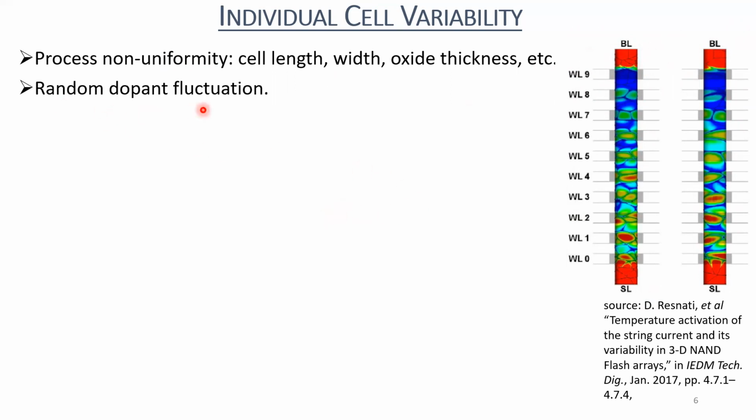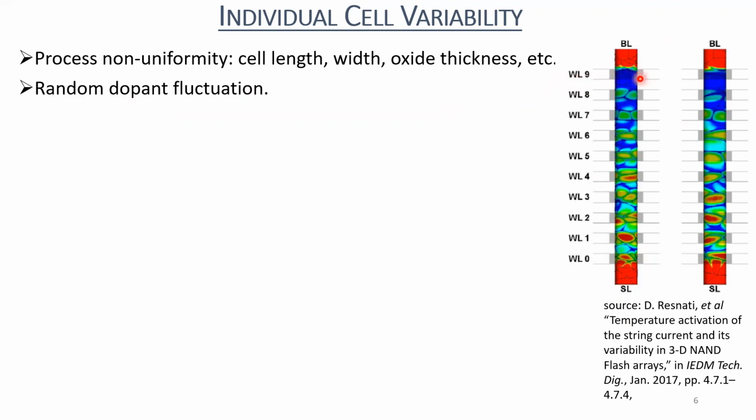There can be random dopant fluctuation because your bit line and source line are heavily doped, so some of these dopants can encroach on WL0 or WL9. To remove this random dopant fluctuation and also to achieve good programming, they incorporate a dummy word line close to the SSL and BSL.